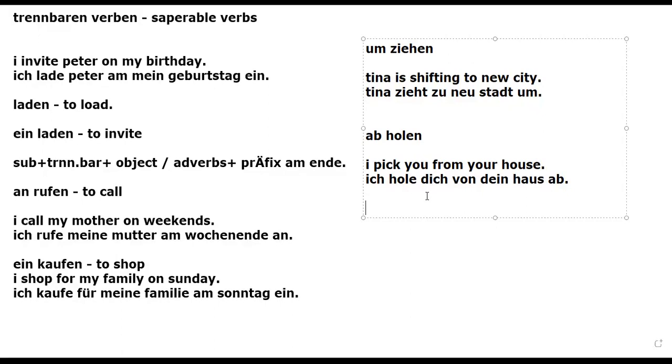Ich becomes mich. If I say now, please you pick me, then it becomes mich. You pick I also, you and I, me. You pick me from my house. We have to go with du here. Du holst mich, because they are not doing anything.